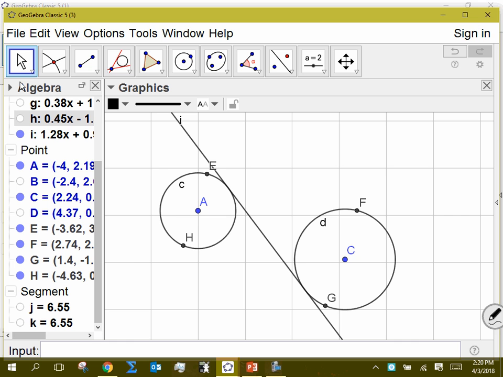That's how you identify. The definition says that if your tangent line intersects the imaginary line connecting the centers of your circles, then it's an internal tangent. I think you're going to find it's easier to look at one circle on one side of the line, the other circle on the other side, and that classifies that black line as a common internal tangent.